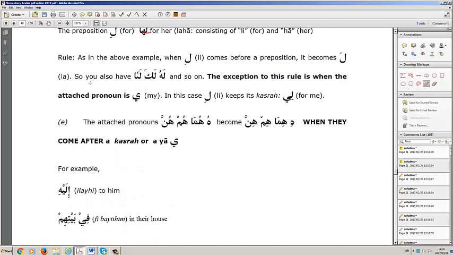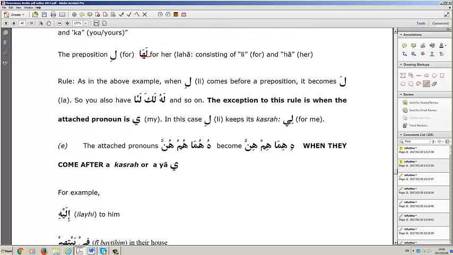So there is a rule here that you should know, in this above example, laha. Remember, for her it's supposed to be the word li, for, and then ha. But why don't we say liha? Why do we say laha? Well, there's a rule with regard to this.